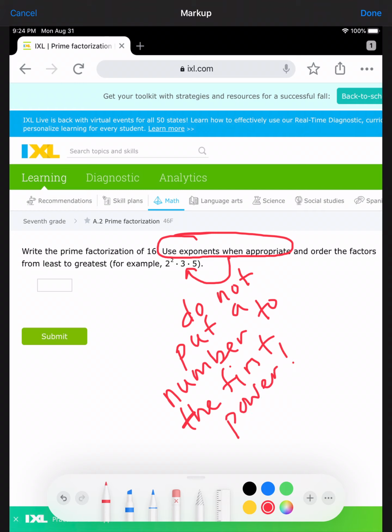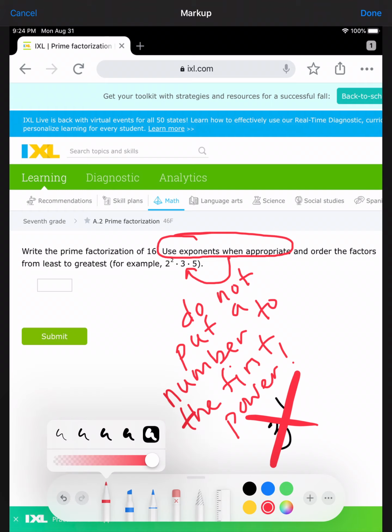Okay? So do not do 3 to the 1 power. Do not do that. Okay? The other thing that I want you to pay attention to, it says order the factors from least to greatest. Okay, so just like I was talking about, you want to do the smaller number first.